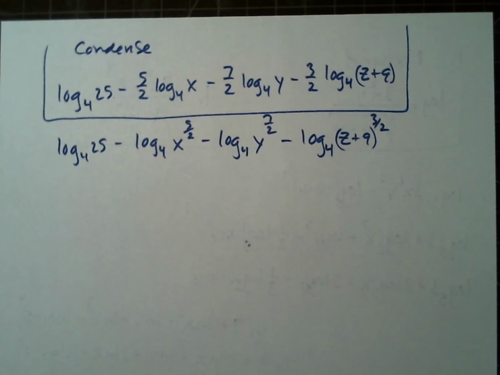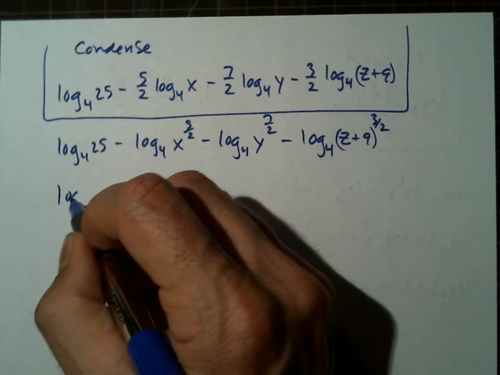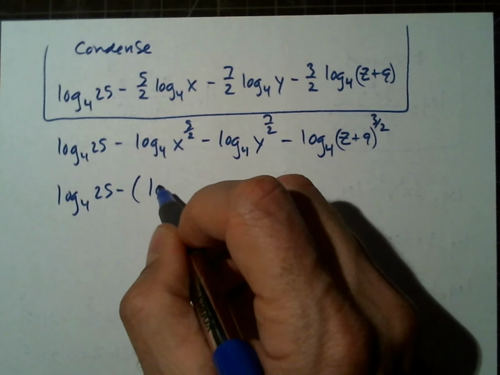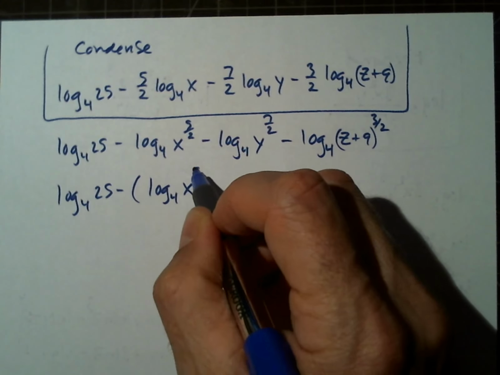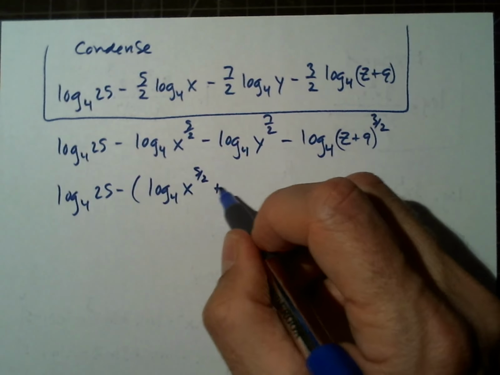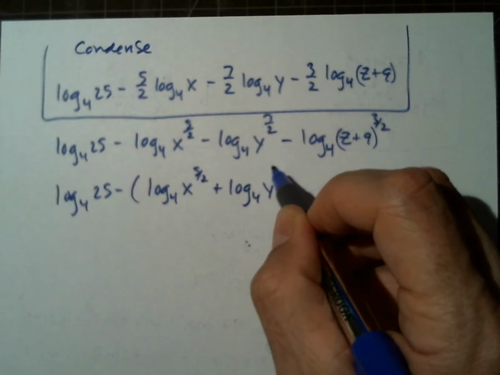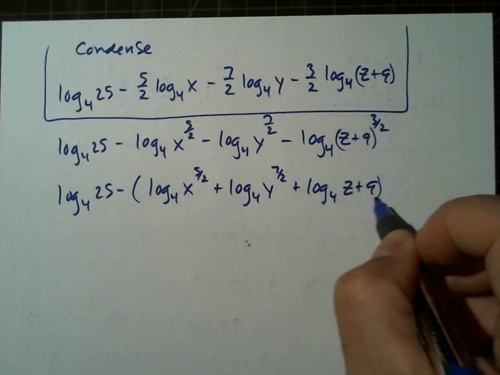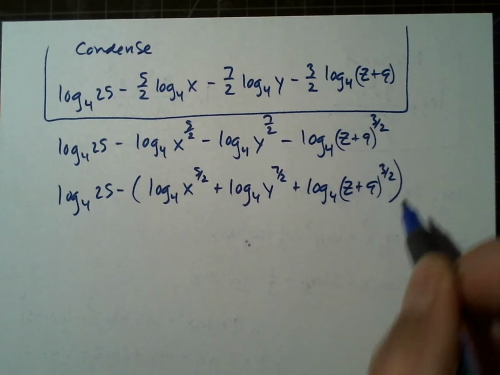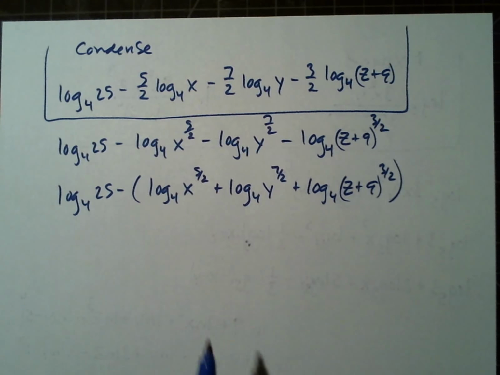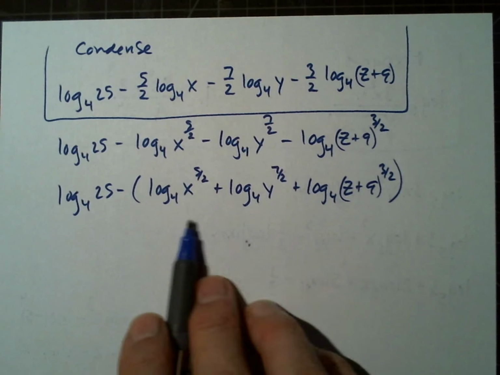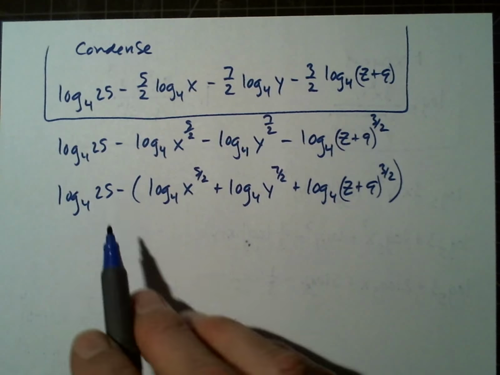And then it would be helpful to see the all the subtraction could be combined, and we would have log base 4 of 25 minus all of this. And that's just because now you see it as addition, and that would all be multiplication, but it's going to be in the denominator because there's subtraction there.